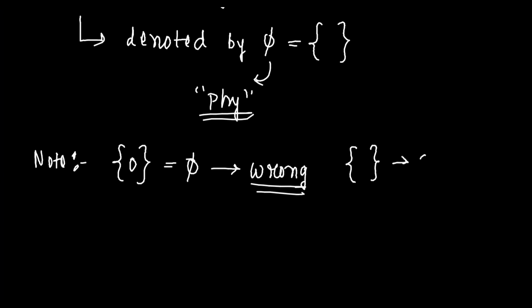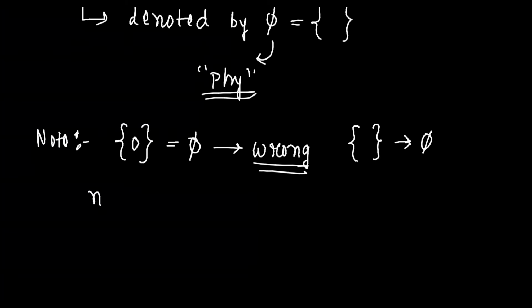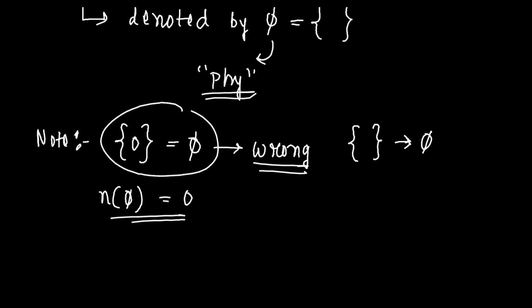This is called phi. Since the null set contains zero number of elements, the cardinal number, which we discussed in the last class, for this null set is equal to 0. This is correct, and the other thing is wrong.